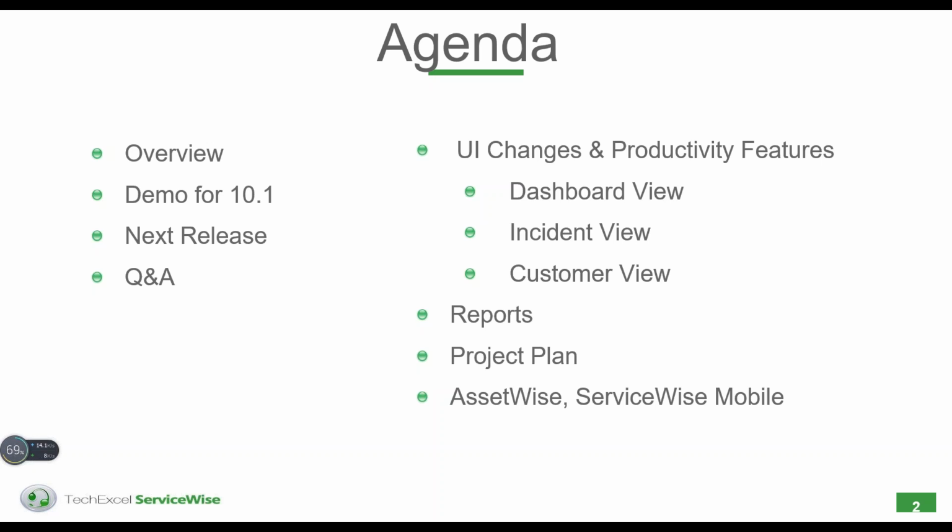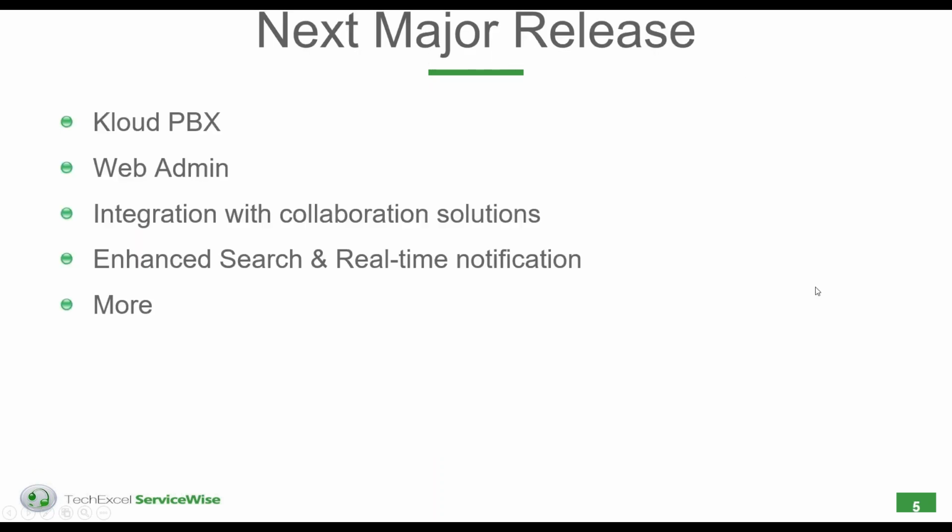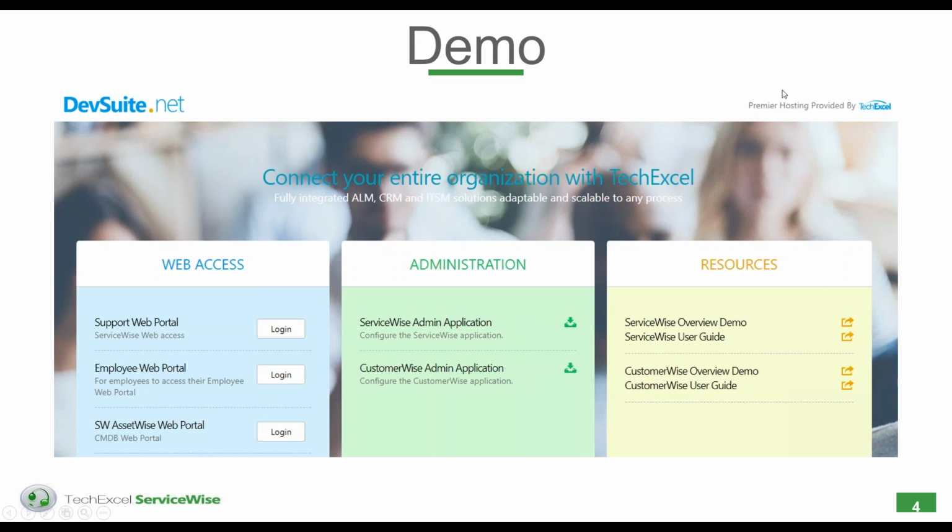And we'll also cover the updated AssetWise and ServiceWise mobile app. So that's basically the highlights for the features that we're going to demo today. And then without much, sorry about that. Without further ado, let's dive into the demo.